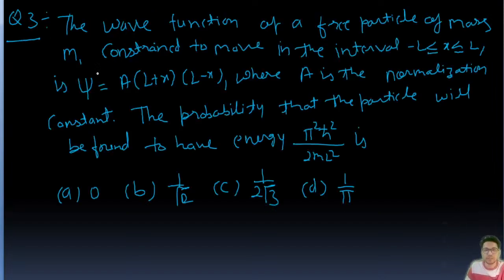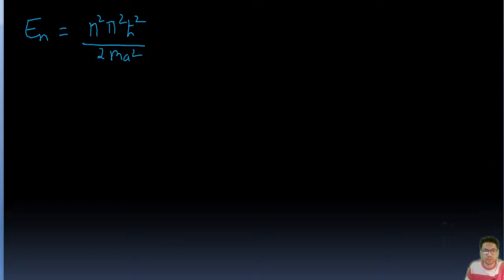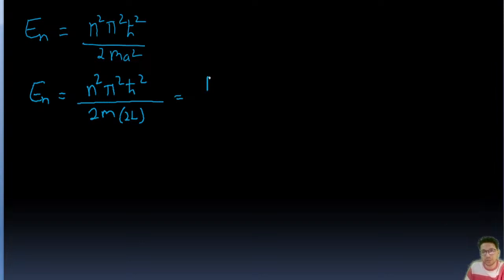Here you can see the particle is between minus L and L, so the width is 2L. So En is n square pi square h square upon 2m (2L) square, which is n square pi square h square upon 8 m L square. This is the energy eigenvalue, En.